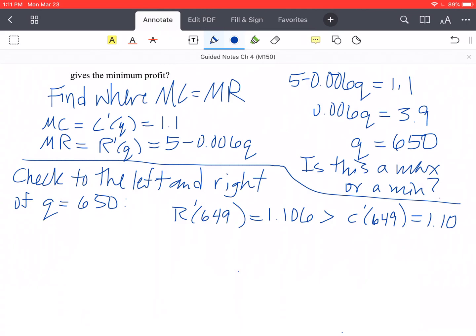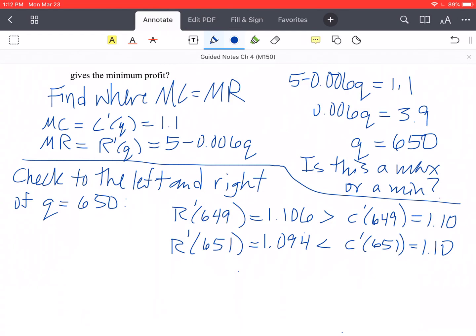And then if we compare past 650, R prime of 651 is 1.094, and C prime of 651, again, is unchanged, it's just 1.1. So this time, C prime is actually larger.